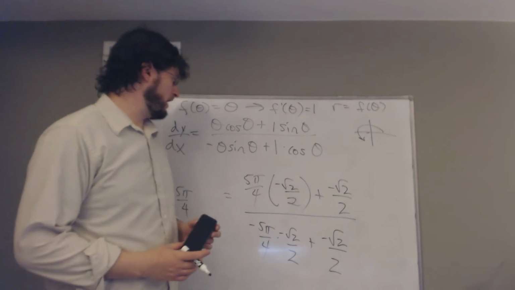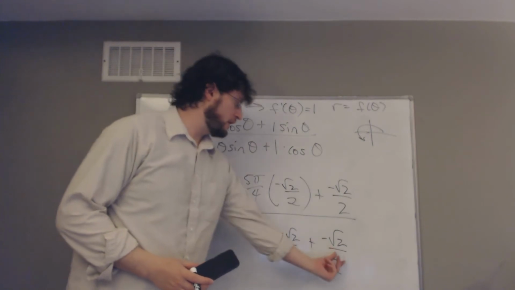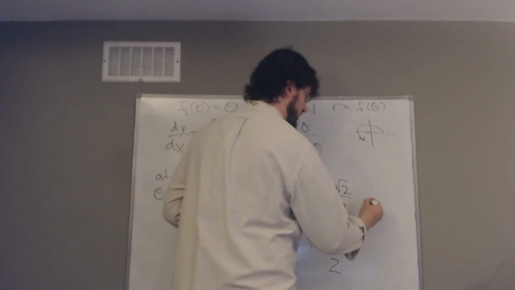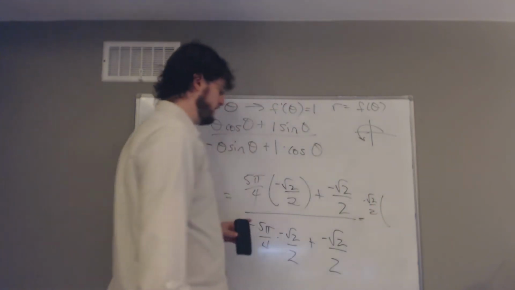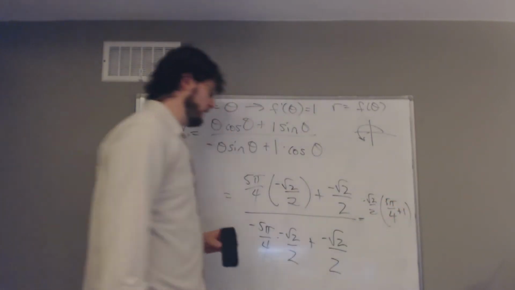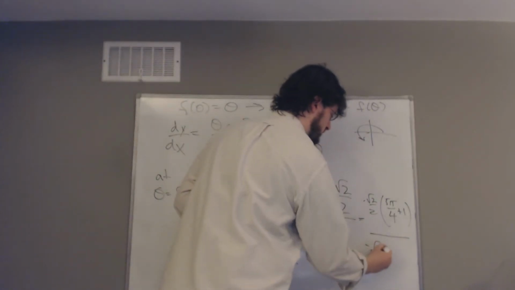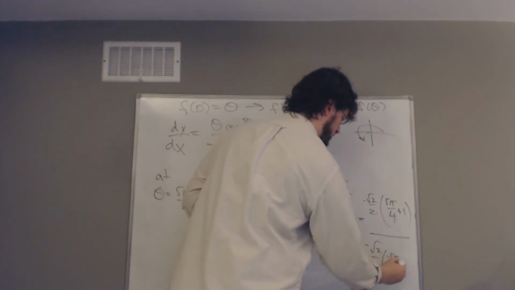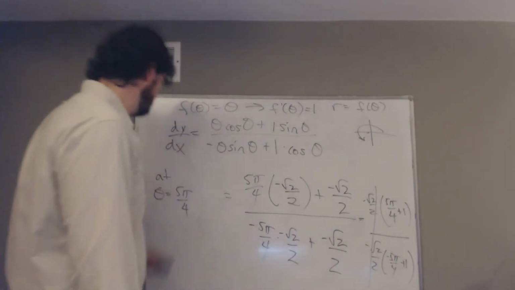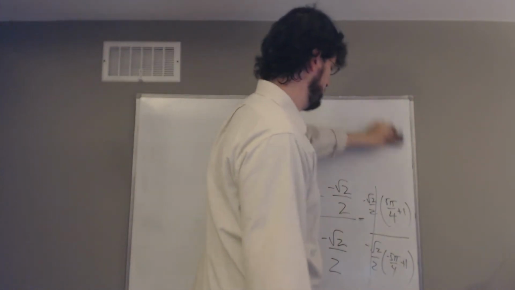All right, so we have this negative root 2 over 2 here, negative root 2 over 2 here, negative root 2 over 2, negative root 2 over 2. You can think about factoring that negative root 2 over 2 all the way out. And if we did this in the numerator, we'd be left with a 5 pi over 4 plus 1. And then in the denominator, we'd be left with negative 5 pi over 4 plus 1. The root 2's over 2's are going to cancel. And we can calculate this value.